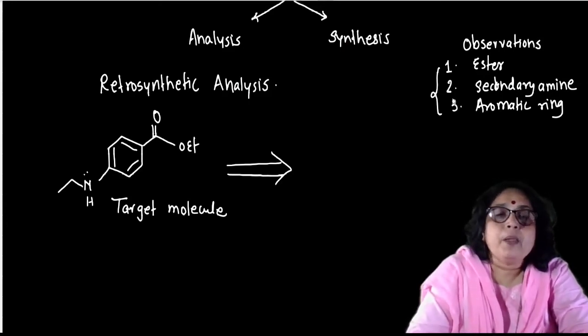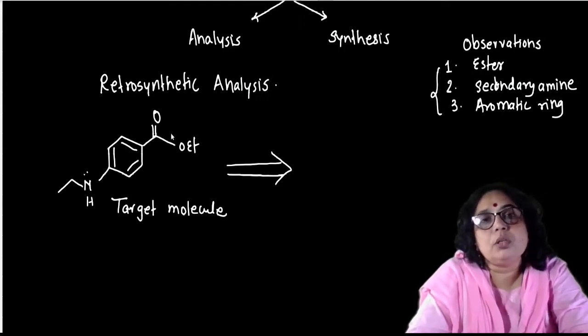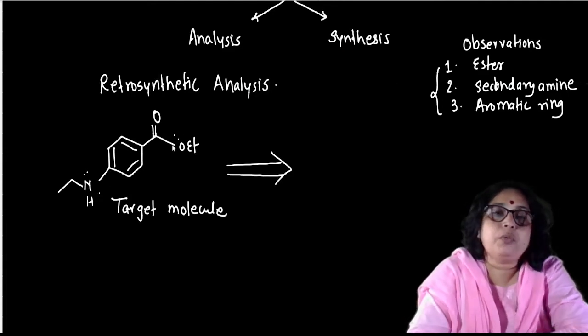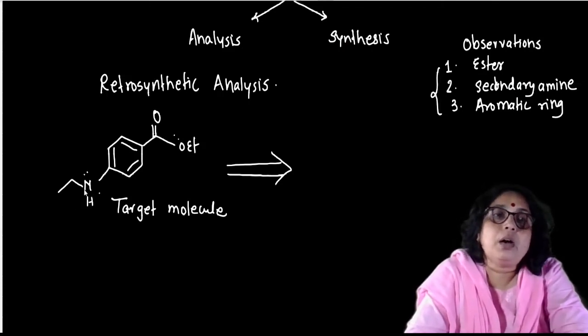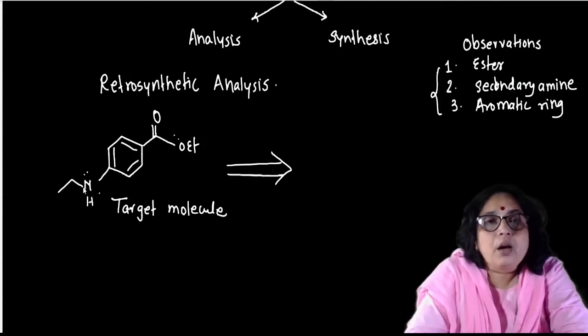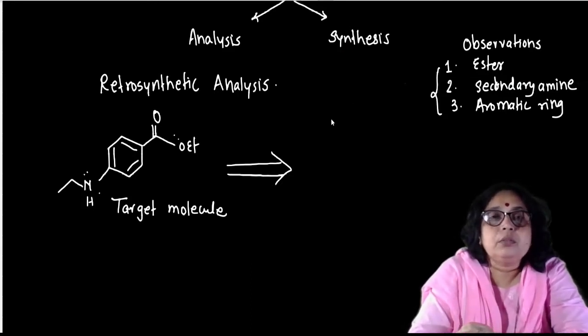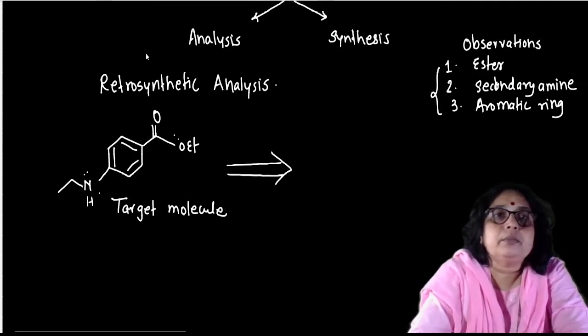All right. Now here you have two most important functional groups. One is the ester and another one is the amine. Now where do I put a cut, at the ester level or at the amine?